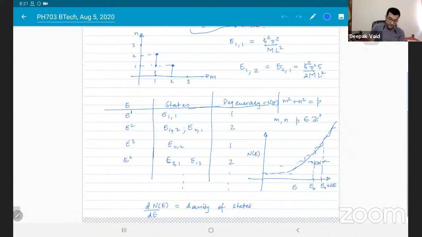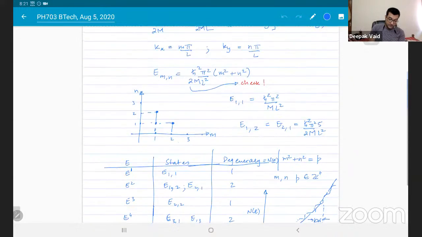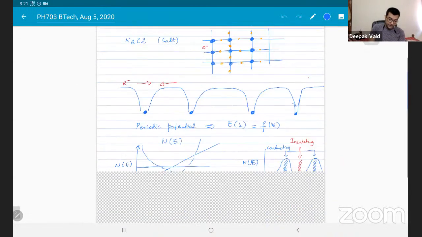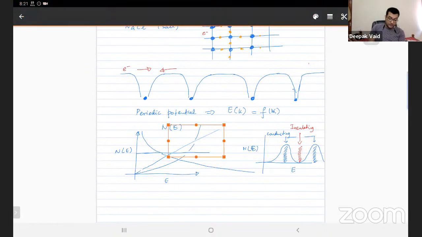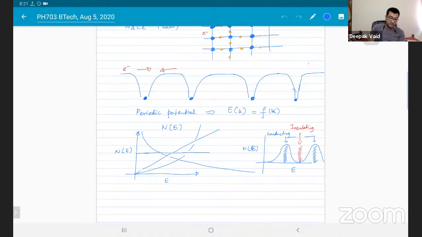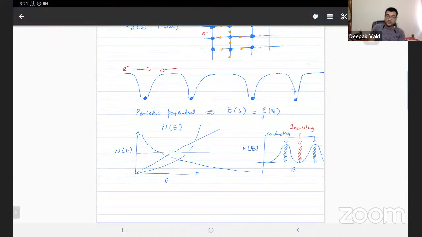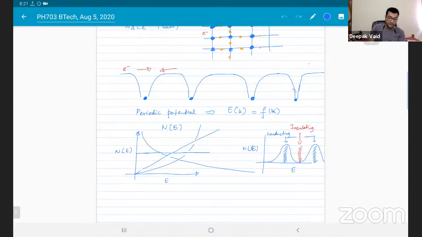So in the previous class, I had given you some examples of density of states of various substances. And I told you, for instance, that in some cases, for instance in this case, in 2 dimensions, the density of states is a constant. So that is the result we get.